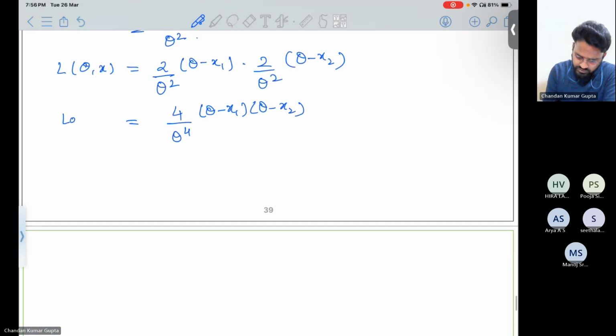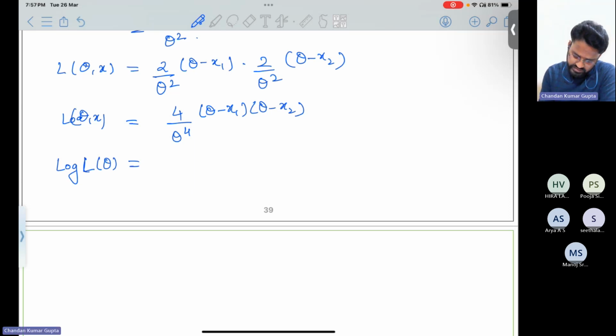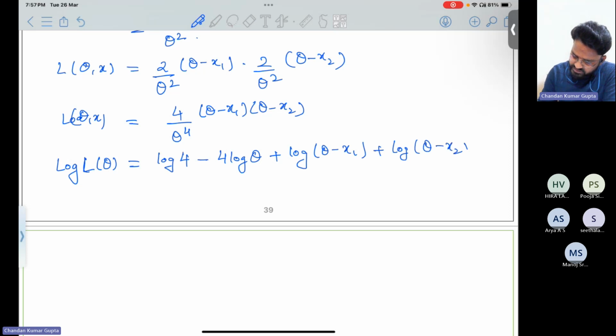Now, taking log, it is like log of 4 minus 4 log of theta plus log of theta minus x1 plus log of theta minus x2.